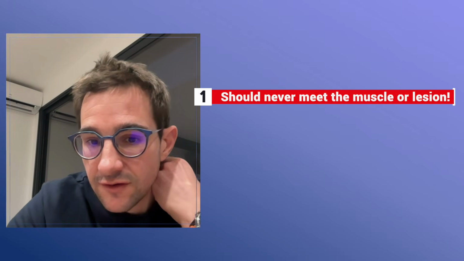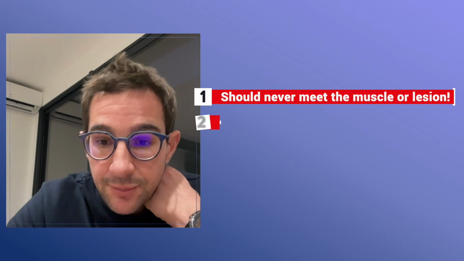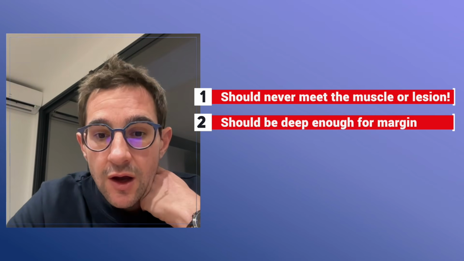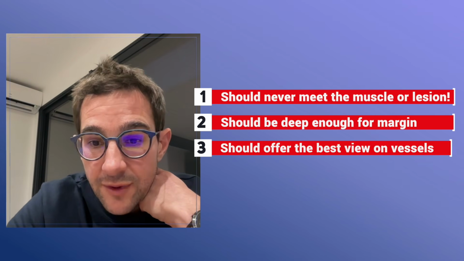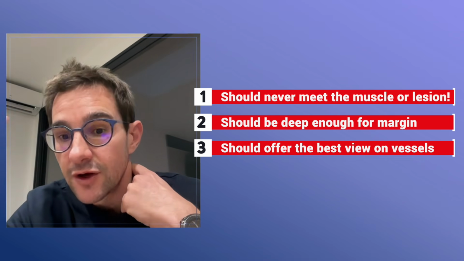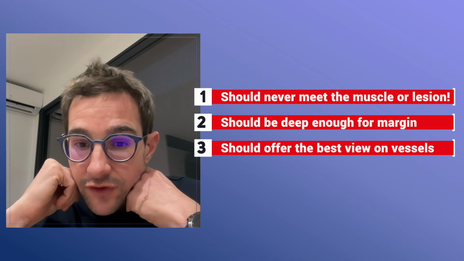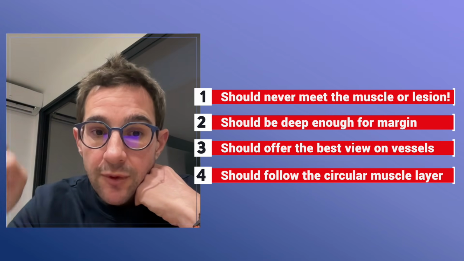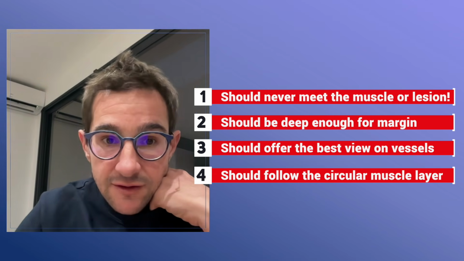The cut line should never meet the muscle and the piece. It should be deep enough for getting vertical margins R0. It should offer the best view on the vessels in order to deal with few vessels but larger, and it should offer the best view on the circular muscular layer in order to keep your axis of resection in mind.